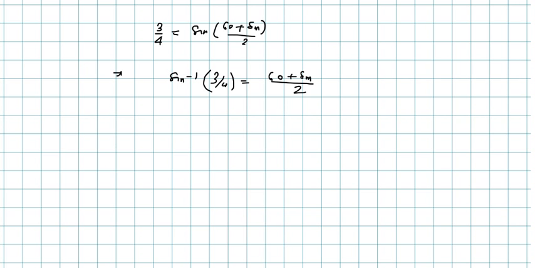Now, if I divide 3 by 4, it gives me 0.75. So, sine inverse 0.75, right.